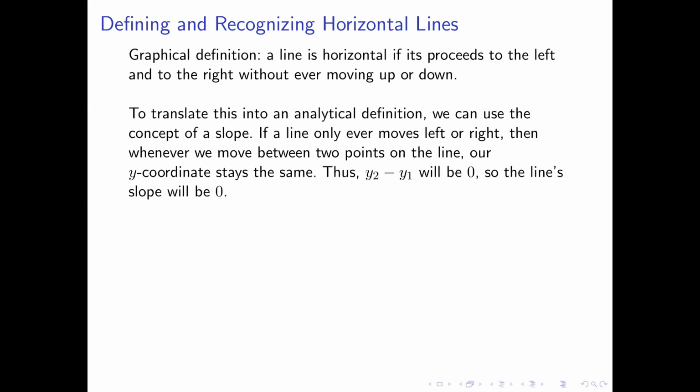So when we're calculating our slope, y2 minus y1, the numerator of the slope formula, will be 0 because y2 and y1 will be the same. That means that the whole line will have a slope of 0, since 0 divided by a number is 0. So that allows us to transform our graphical definition of a horizontal line into an analytical one. We can say that a line is horizontal if its slope is 0.